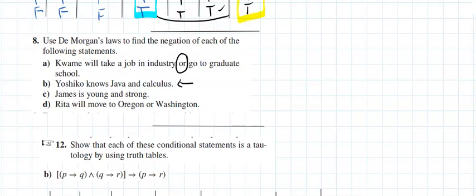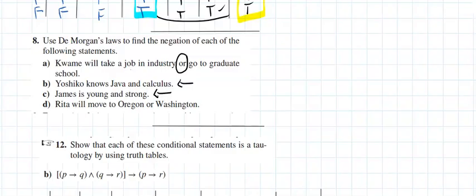Yoshiko knows Java and calculus. The negation of that, Yoshiko does not know Java or does not know calculus. C. James is young and strong. The negation of the and, James is not young or he is not strong.